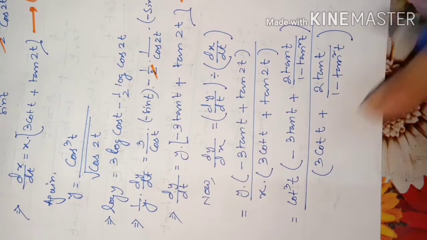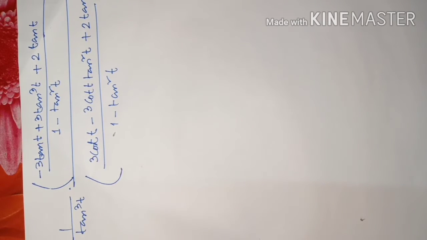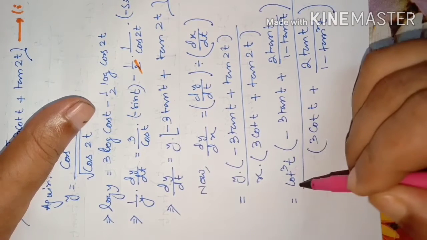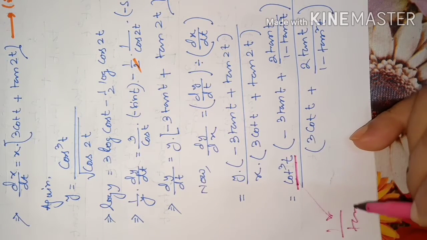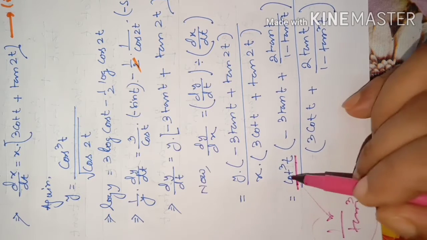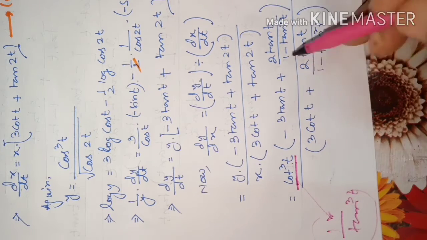Now we have to simplify this whole thing. So after taking LCM, it was actually cot cube t here. Cot is what? 1 by tan. So cot cube is replaced now by 1 by tan cube t.